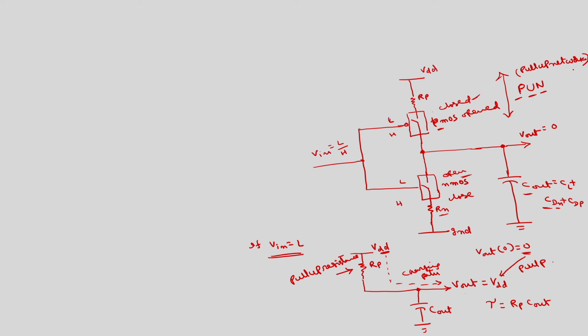On the other hand, if V in is equal to high, reverse case, this will not come into picture, this will come. Okay. Say output is initially V out at the 0th instant is VDD. So, now what will be the equivalent circuit?